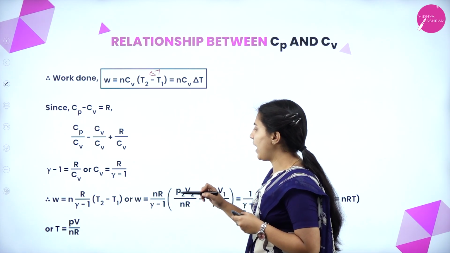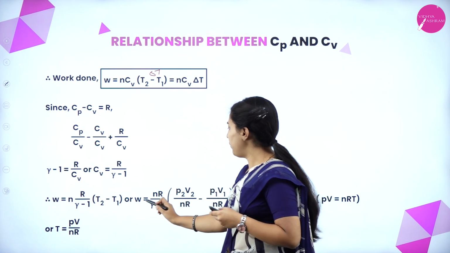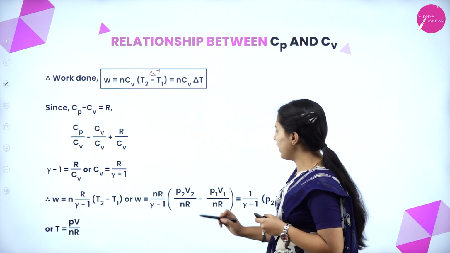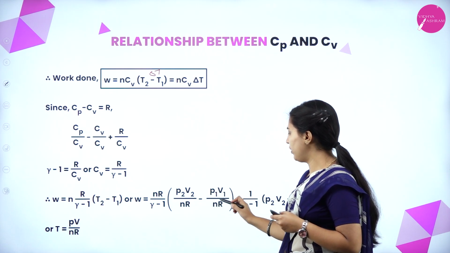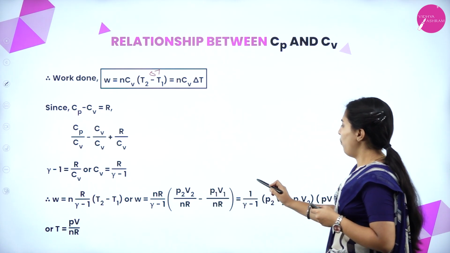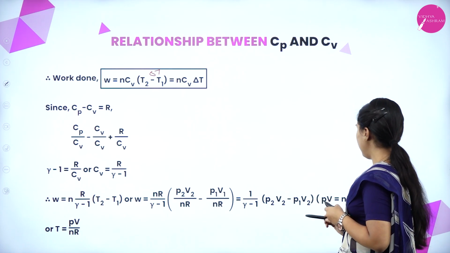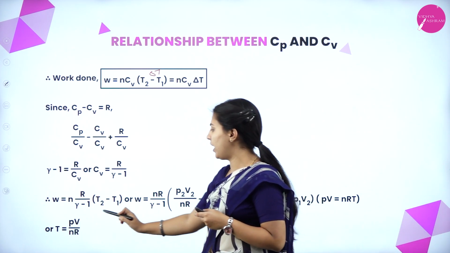After all the calculations and derivations, W equal to nR by gamma minus 1 times (T2 minus T1), equal to 1 by gamma minus 1 times (P2V2 minus P1V1), since PV equal to nRT, or T equal to PV by nR.